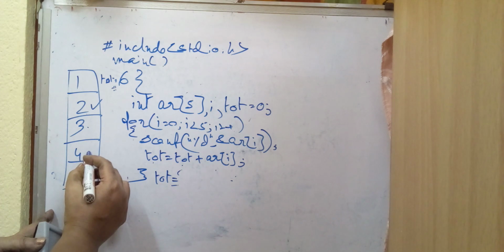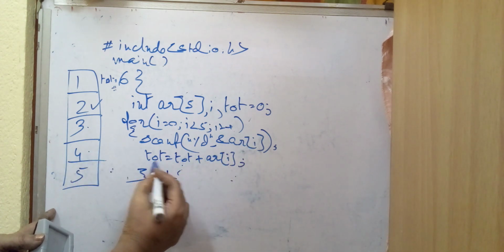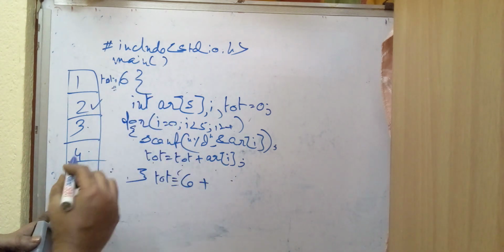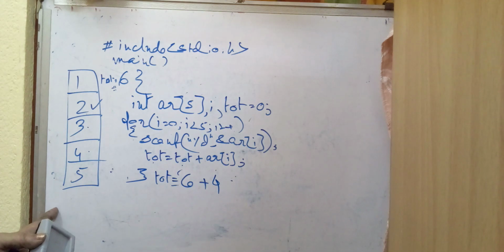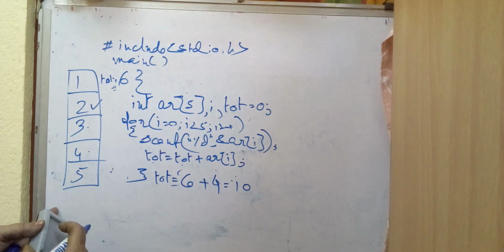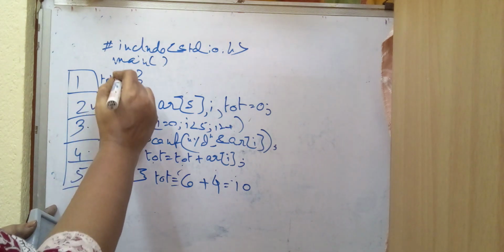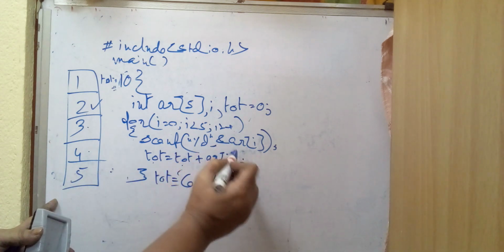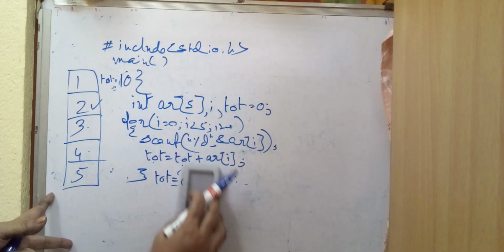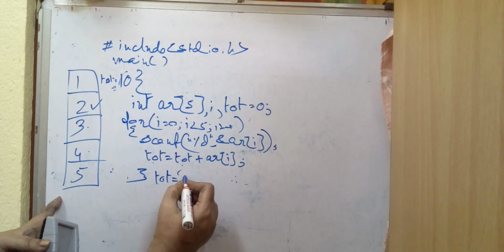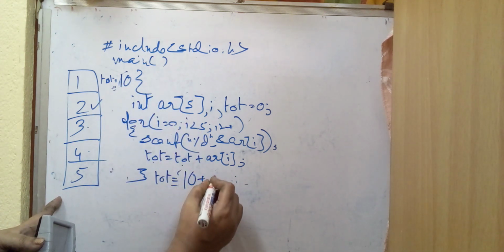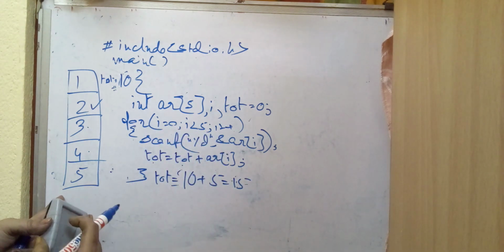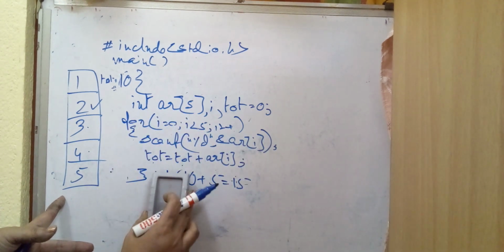Next again I have taken 4 and total will be the previous total, that means 6 plus 4, that is 10. Again I have inputted 5. Now total will be the previous total, 10 plus 5, 15. I is no longer less than 5, so the loop will be completed.